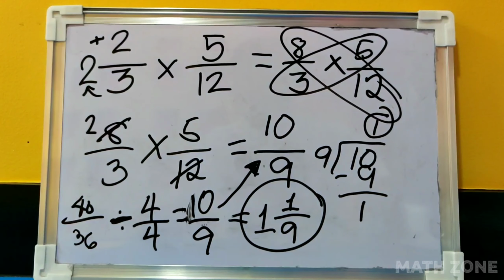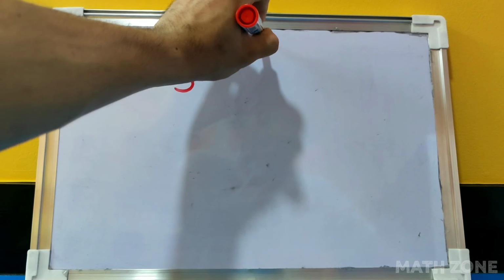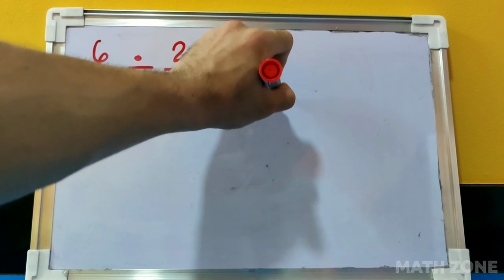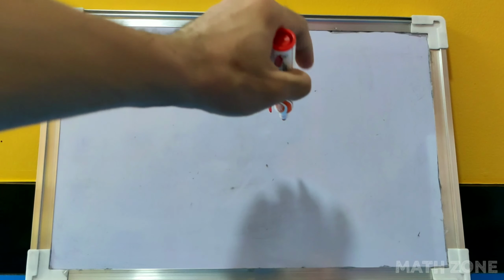Okay, let's try another problem. Now we have 6/11 divided by 2/3. This is division of fractions. So again, just remember the 3 steps. First, copy the first fraction. So that's 6/11. Then change the division sign to multiplication.